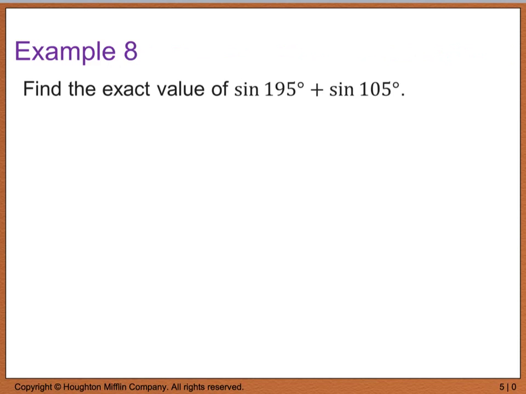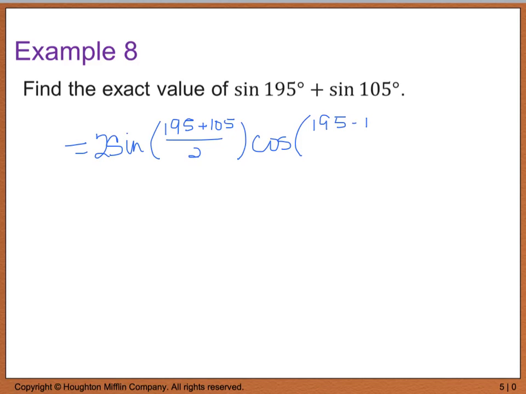So in order to see how to use these, we're going to find the exact value of the sine of 195 plus the sine of 105 degrees. So to do that, we're going to use our sine u plus sine v. And when I do that, we get 2 times the sine of 195 plus 105 divided by 2 times the cosine of 195 minus 105 degrees divided by 2.